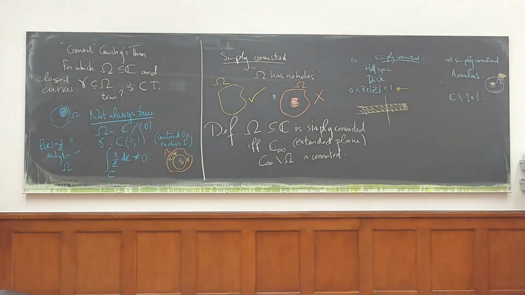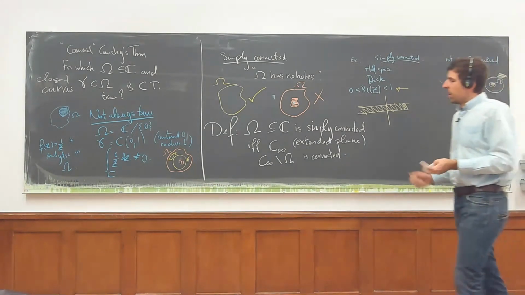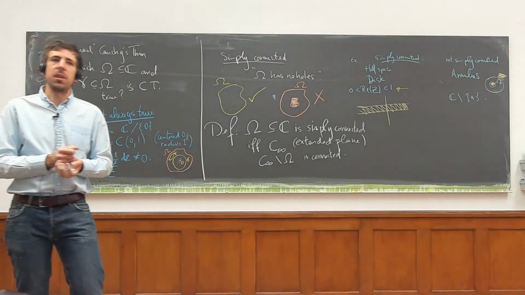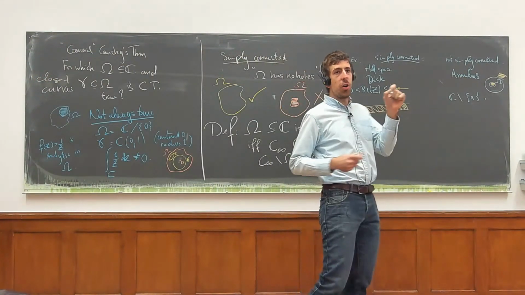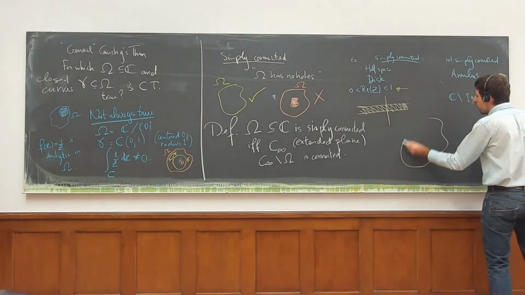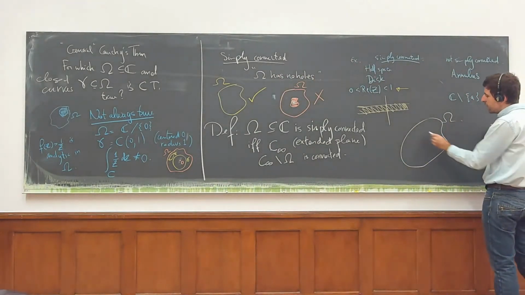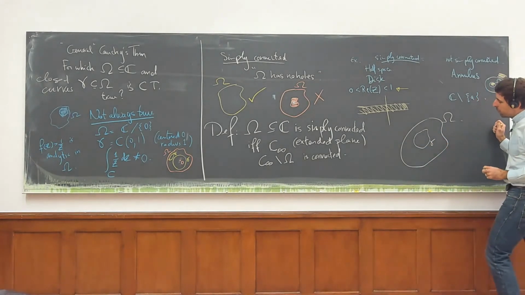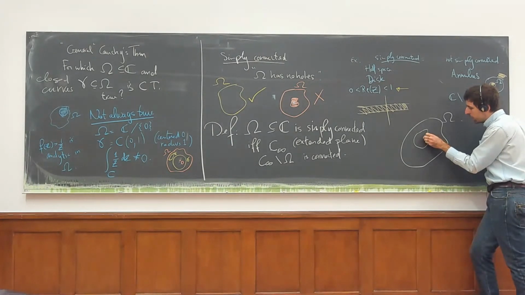Okay. So just as an observation, if you want to work in high dimensions, the right definition for simply connected is that every curve in the region, and I'll just give this very intuitively, so basically a set is simply connected if every closed curve gamma in the region can be contracted to a point.